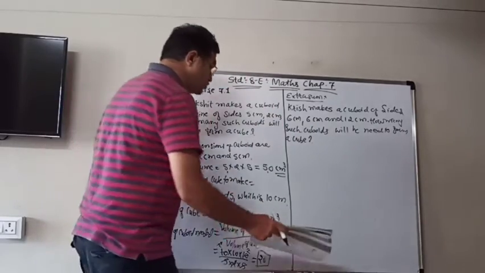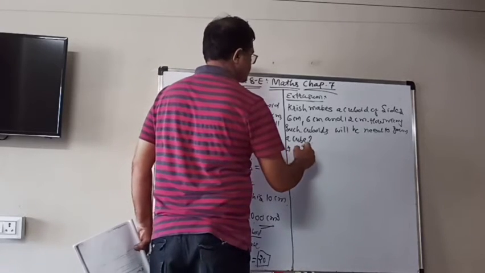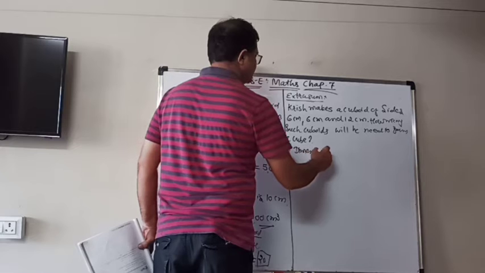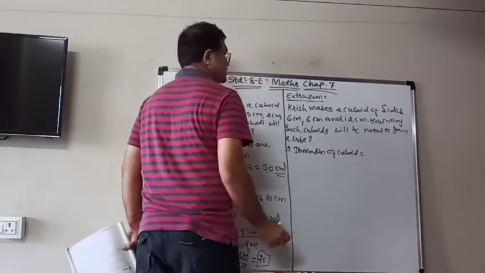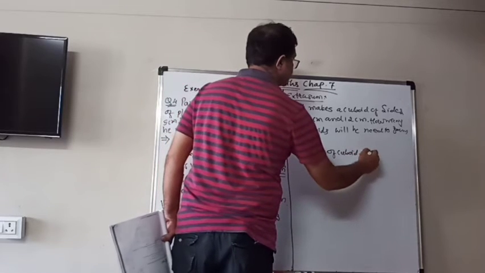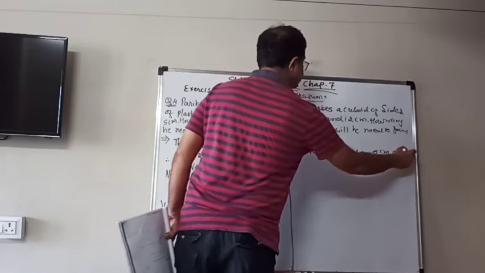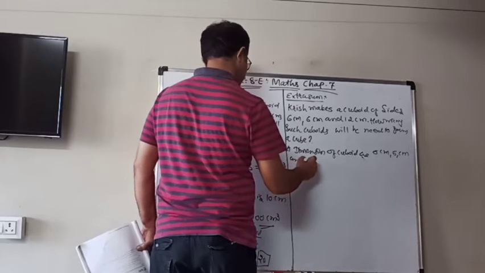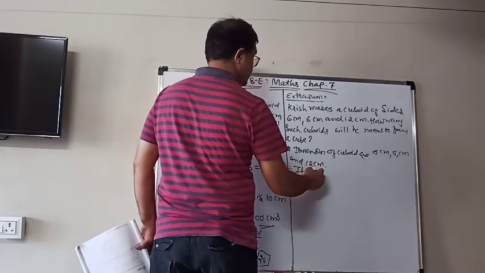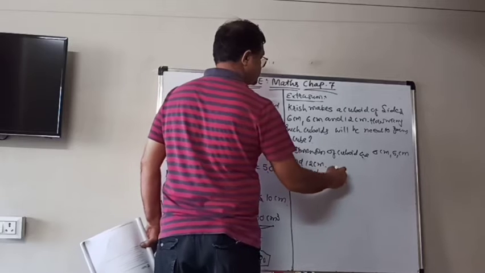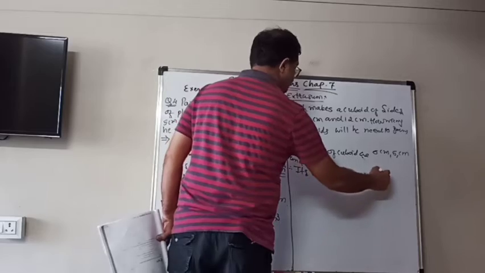So now here also we have to do the same thing. Dimensions of the cuboid are 6 centimeter, 6 centimeter and 12 centimeter. Therefore, its volume is equal to 6 multiplied by 6 multiplied by 12.